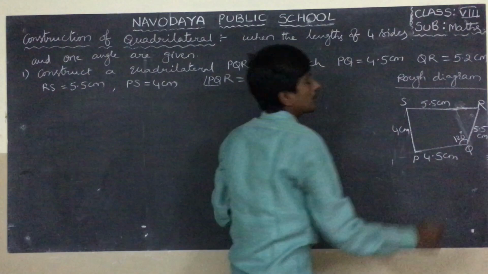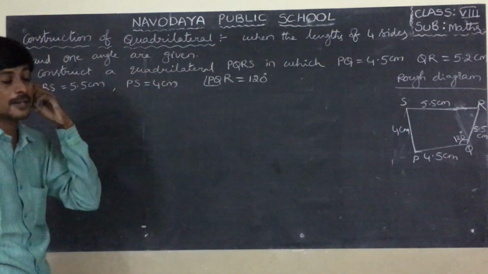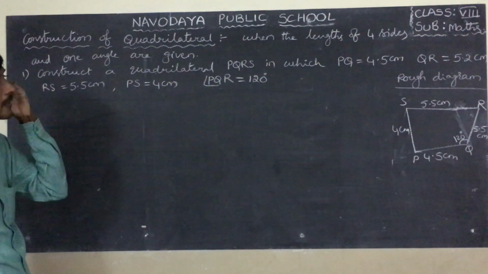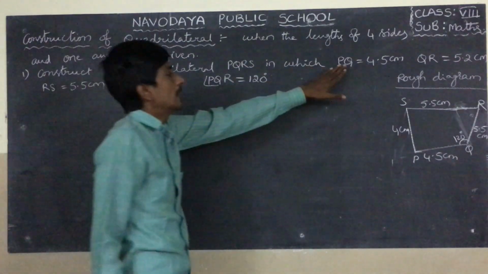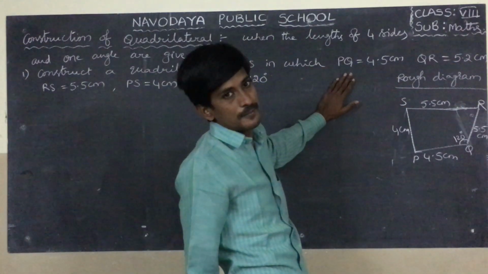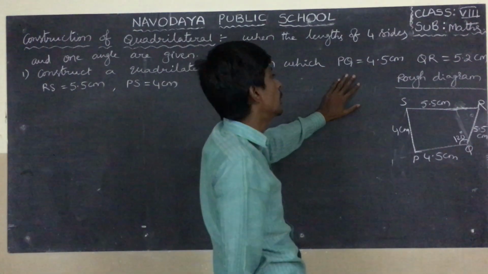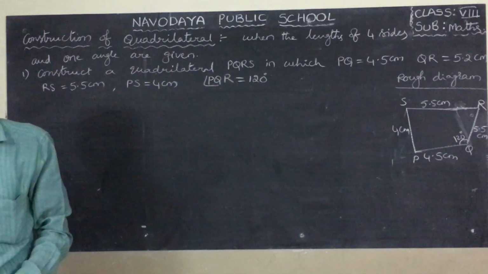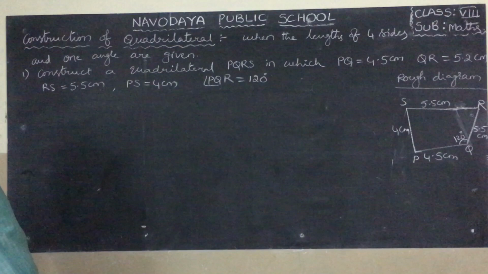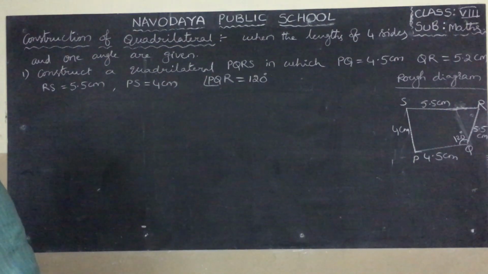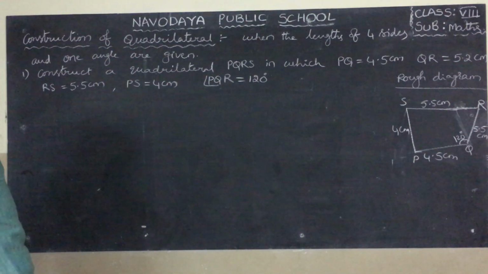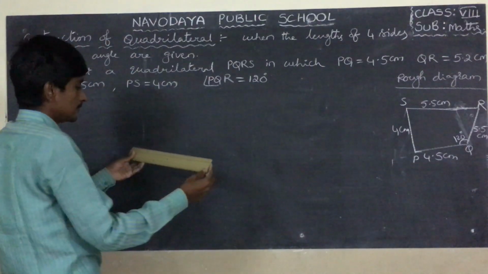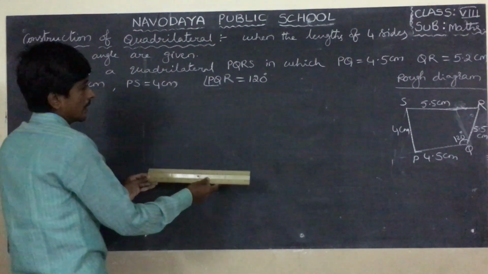So this is 120 degrees. Okay. First step. Draw a line segment PQ equal to 4.5 centimeters with the help of a scale.